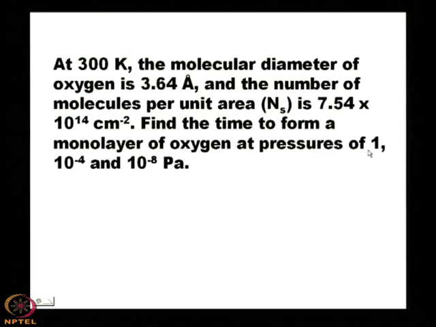First the pressure is 1 Pascal, then 10 to the power minus 4 Pascal, then 10 to the power minus 8 Pascal. So, you try to solve this numerical problem, that is a very important problem to understand how the pressure determines the growth.